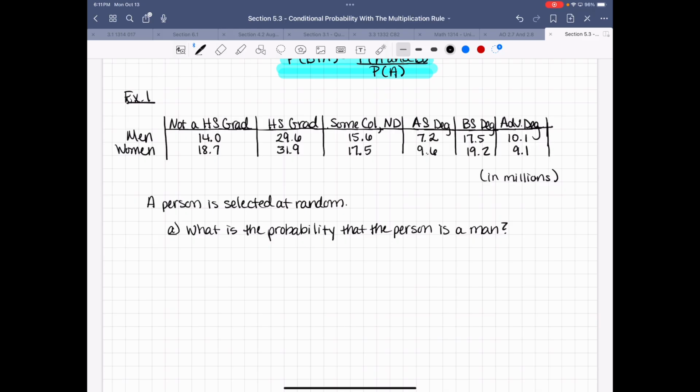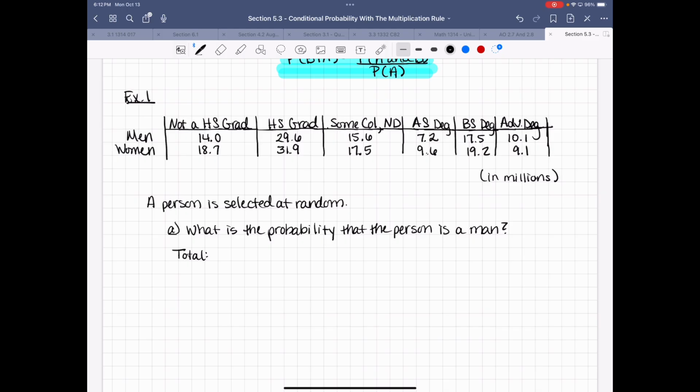Okay, so to find that probability, this is just kind of like you normally find a probability. Okay, so the first thing we need to find is what? The total number of people in the survey or in the poll. Okay, so let's find that total number. We know this is in millions, which is fine.